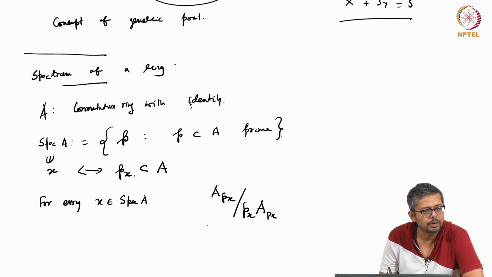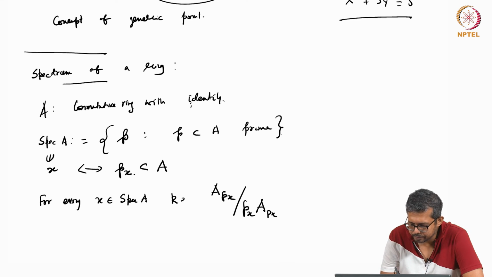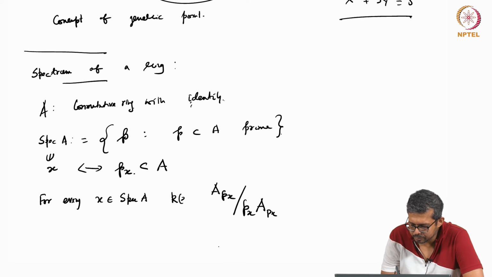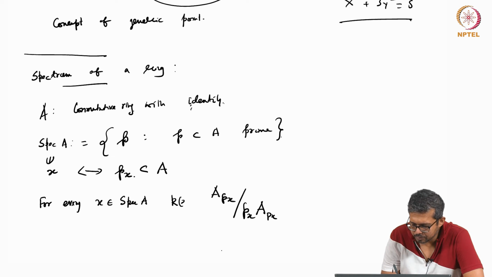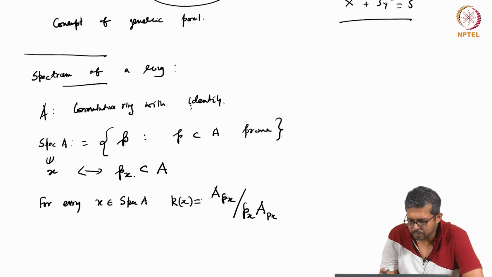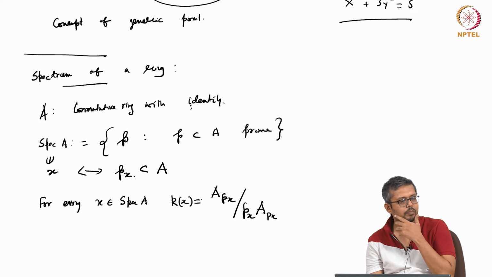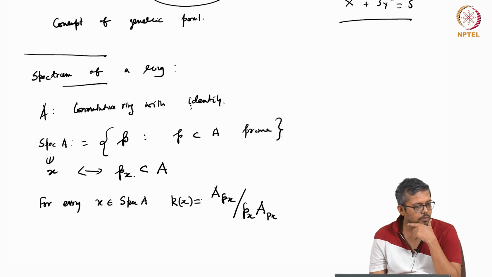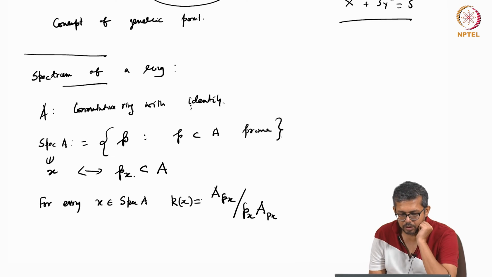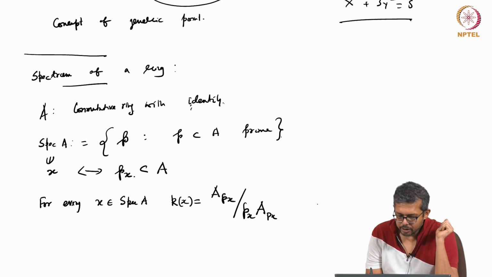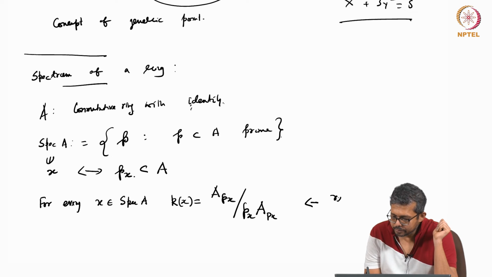Take the quotient. This you call k(x). This is called the residue field at x.